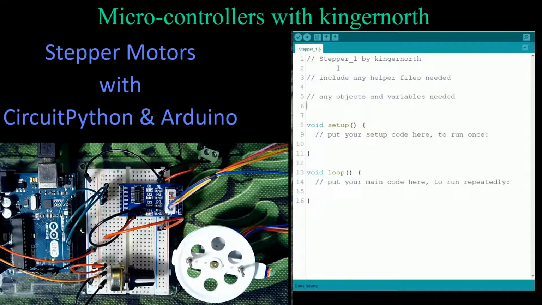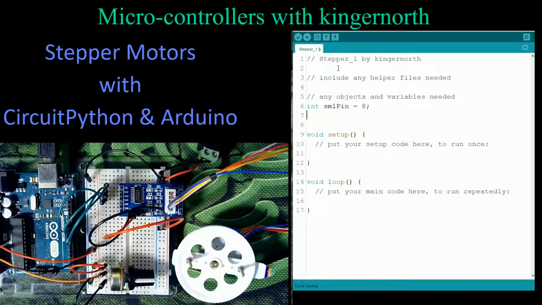So what I'm going to do is include those. I'm just going to say integer, and I'm going to call it stepper motor 1 pin. This is going to be my first pin for my stepper motor, and that one happens to be equal to pin 8, where I've connected that. All right, and we're just going to go to the next one, integer stepper motor 2 pin equals 9.